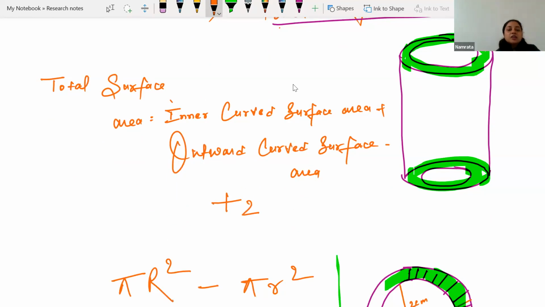So I am going to write 2 times the area of the circular ring.